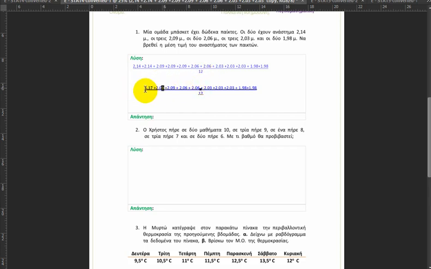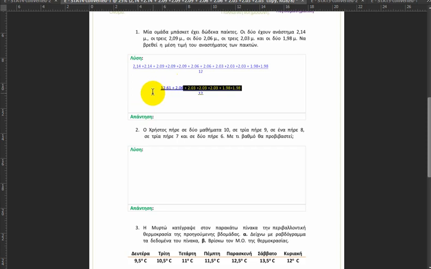Plus 2.09 is going to give us 8.46. Plus 2.09 is going to give us 10.55. Plus 2.06 is going to give us 12.61.